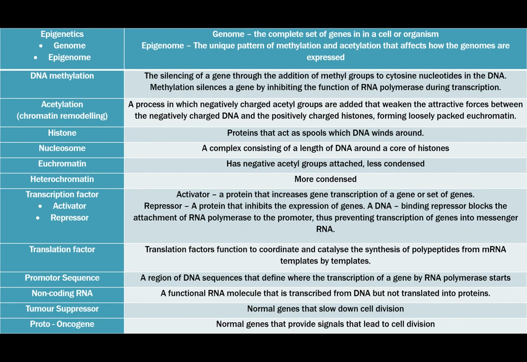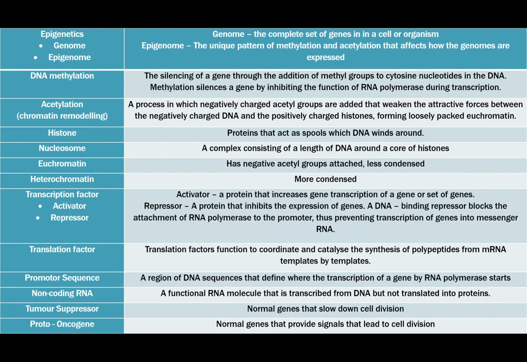And these are a list of keywords to remember. Let's go over them. Epigenetics, genome, epigenome. Genome is the complete set of genes in a cell or organism. Epigenome is the unique pattern of methylation and acetylation that affects how the genomes are expressed.